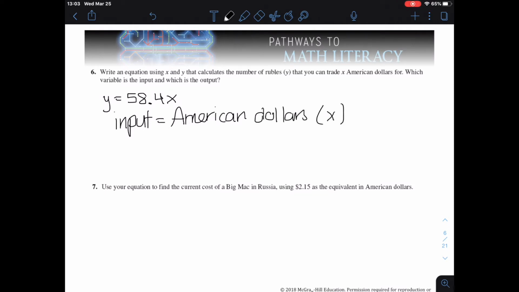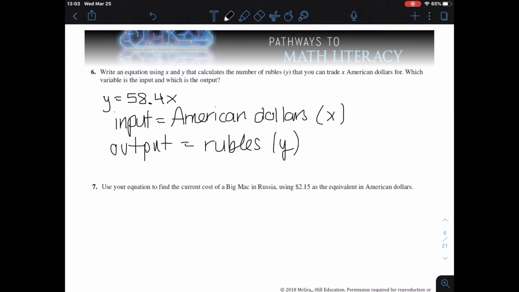So this is our x. And the output is going to be rubles. So that is our y value. Okay? So if we want to figure out what the current cost of a Big Mac is in Russia, a Big Mac at the time was $2.15 in America.